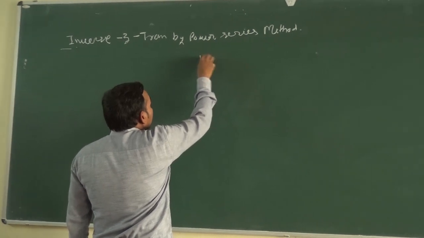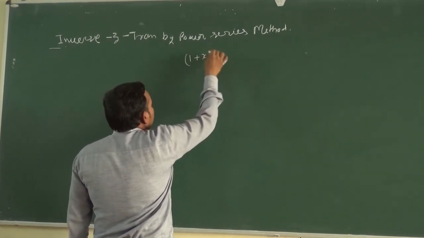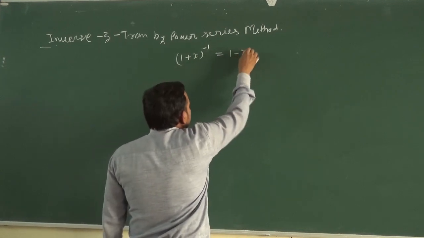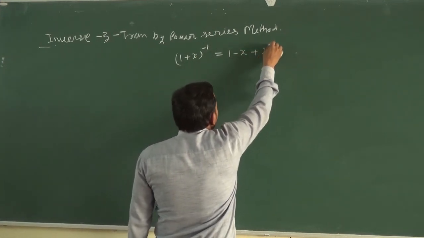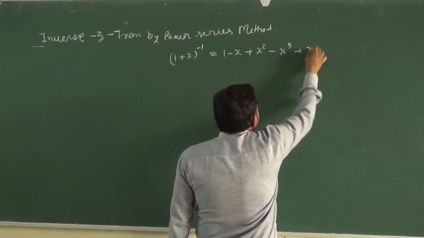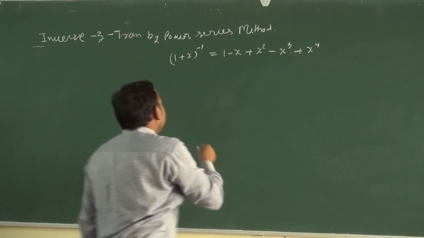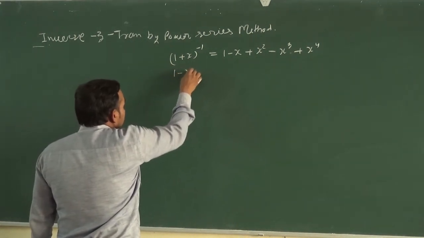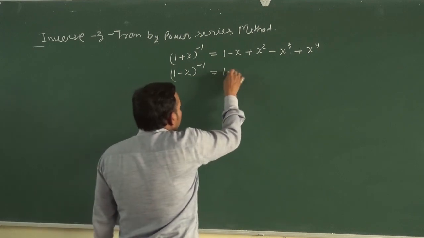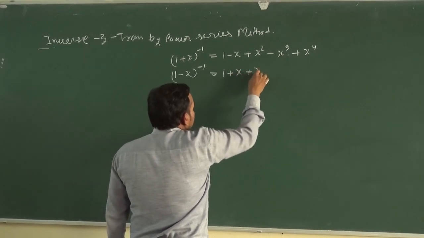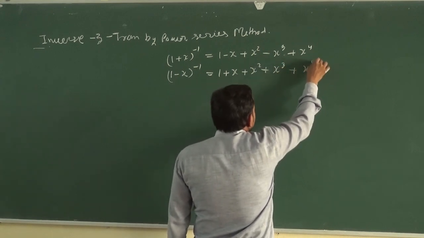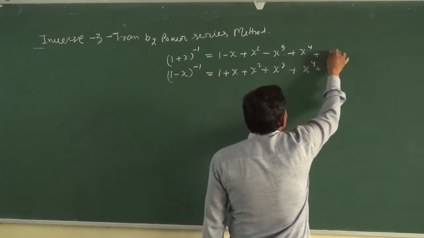1 plus x to the power minus 1 we can write as 1 minus x plus x square minus x cube plus x4. Similarly, 1 minus x to the power minus 1 is 1 plus x plus x square plus x cube plus x4 and so on.